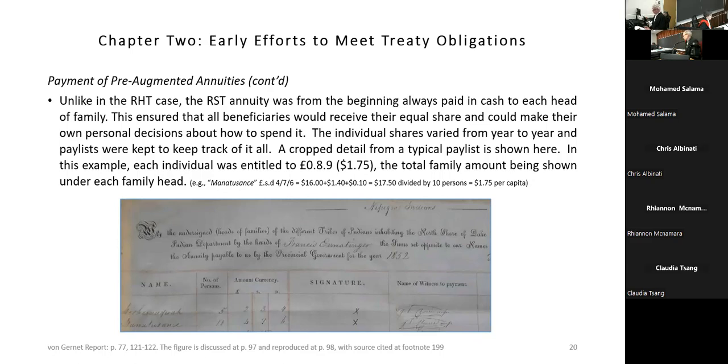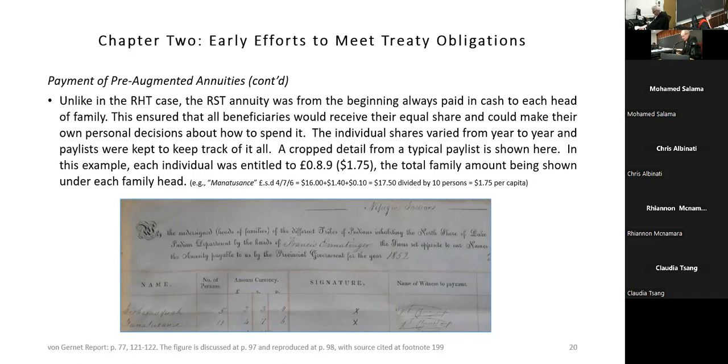It was done at Fort William. It's the pay list for all of the individuals that happen to show up at that fort at that date, as opposed to being a comprehensive list of every Nipigon band member.